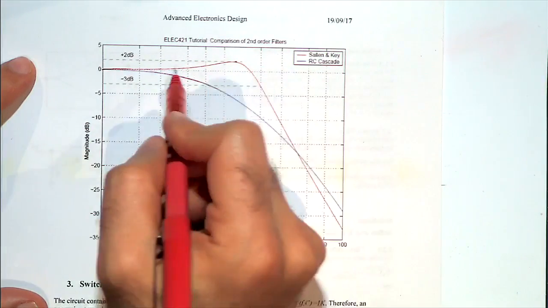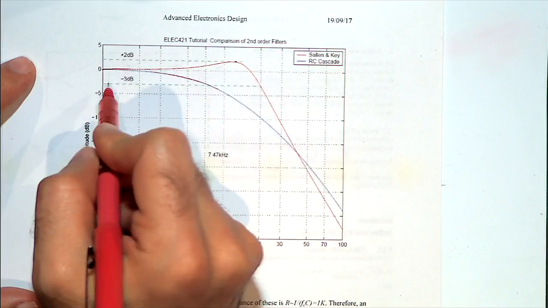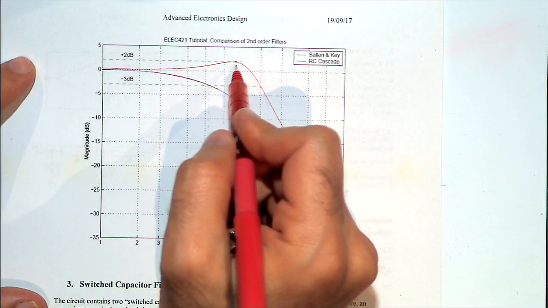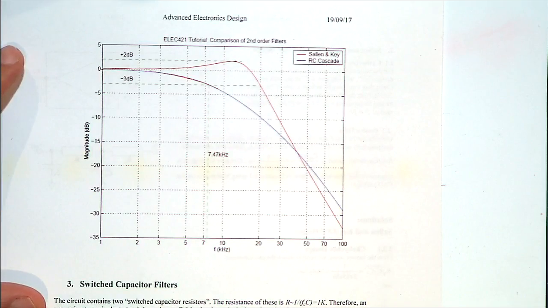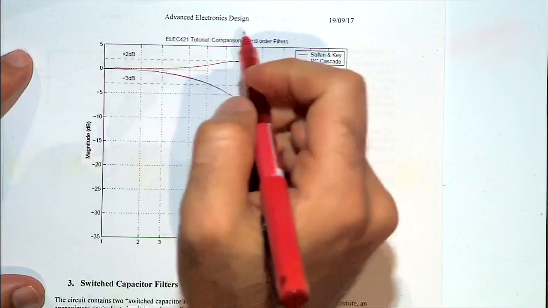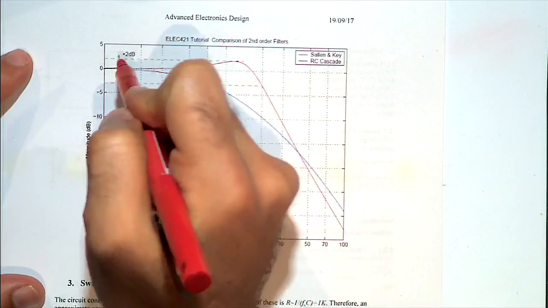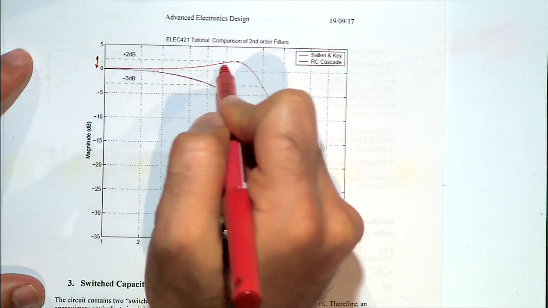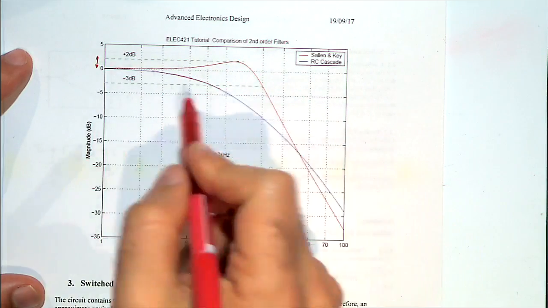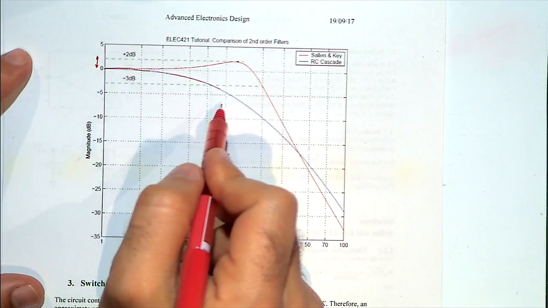So you can see that at the end of the band, because this is Chebyshev, we always have overshoot, or we have ripples. So you can see that we have a 2 dB ripple in the passband for this, but we don't have any ripple for this.